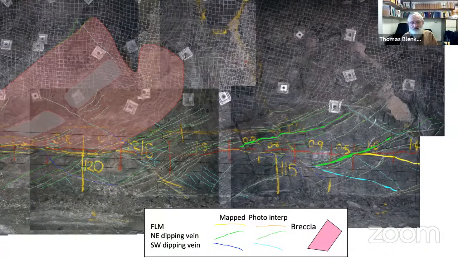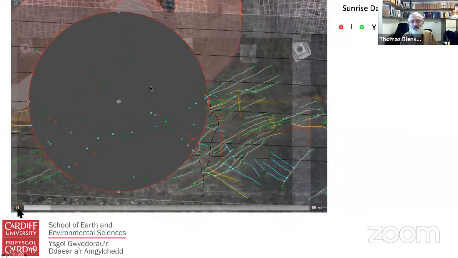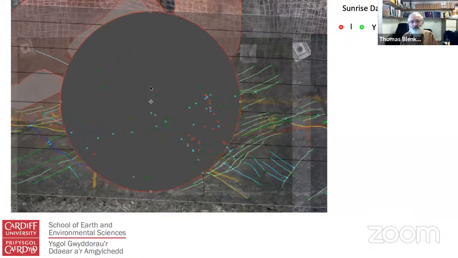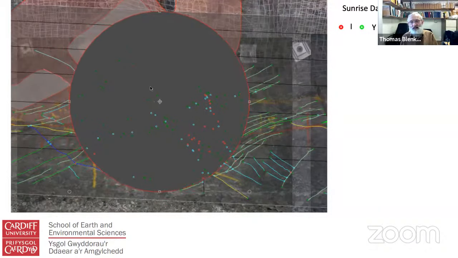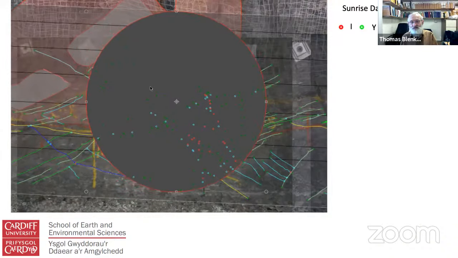So we can take a map like this, and indeed we can take a circular scan line, prop it up here on the map and count our number of I, Y, and X nodes. And by moving that circular scan line along the face, we can do this for different places along the development drive, and we can compute the values of connectivity and intensity for each place along the drive.